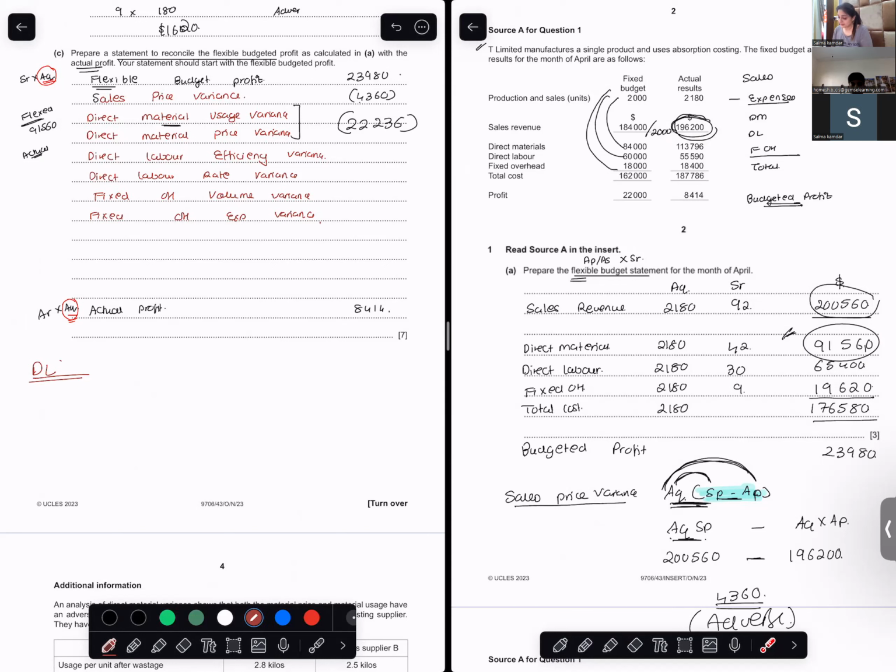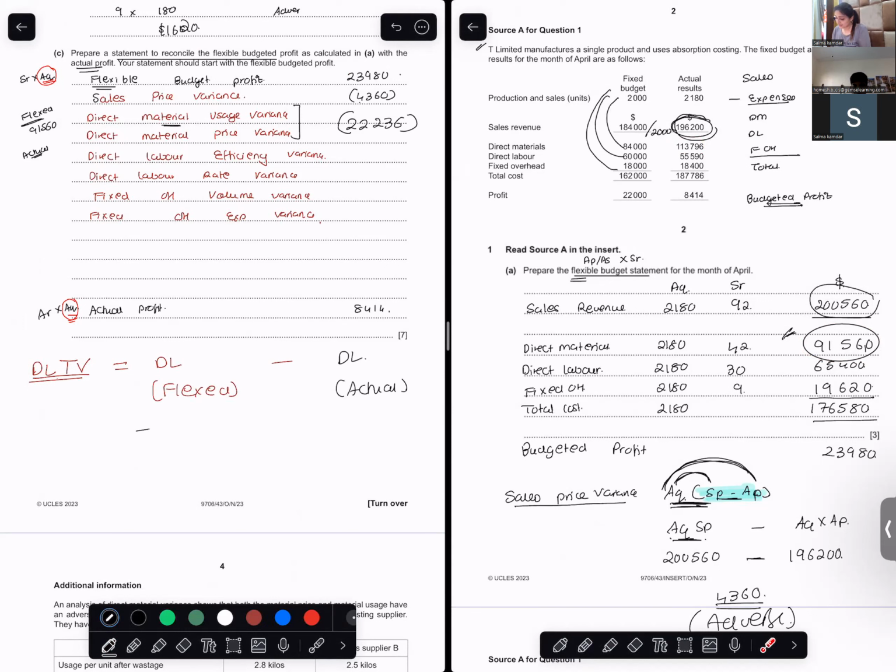Direct labor total variance is equal to flexed minus actual: direct labor as per flexed budget minus direct labor as per actual budget.